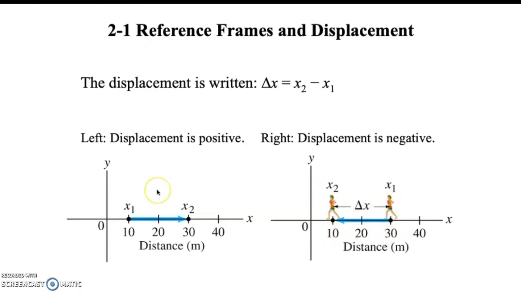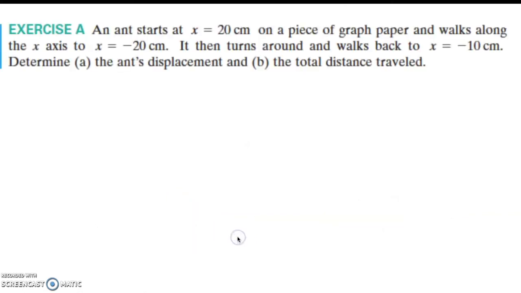So displacement has that sign to help us designate the direction. Sign is always direction. Anytime you see positive or negative in math and physics, it means the direction it's headed, based on what you make positive or negative. So read this example and we will do it.